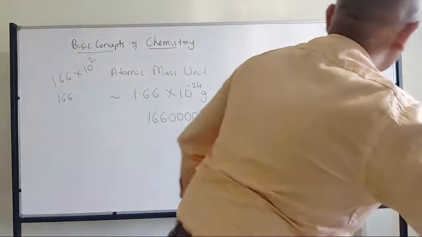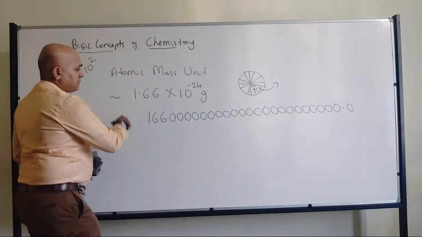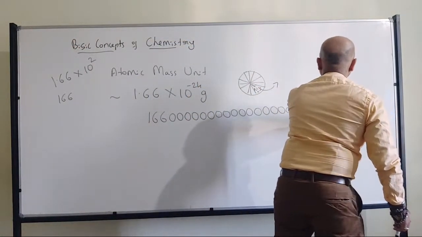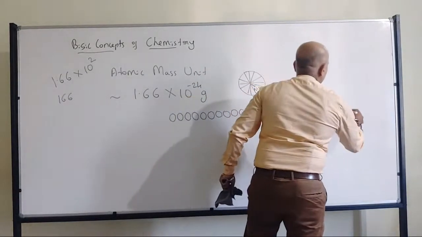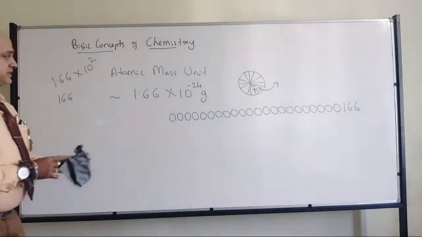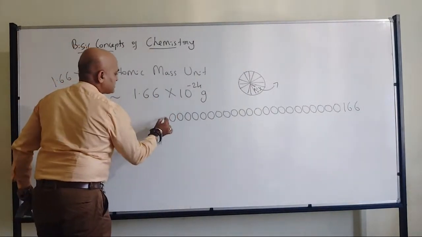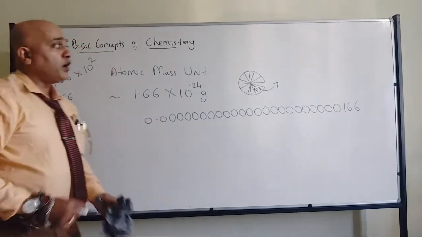It's minus 24 now, so I should take the decimal point on the other side. I will keep it as 166 on the other side. So I should add this one, I will make it as minus 25. Okay. So such a small number.